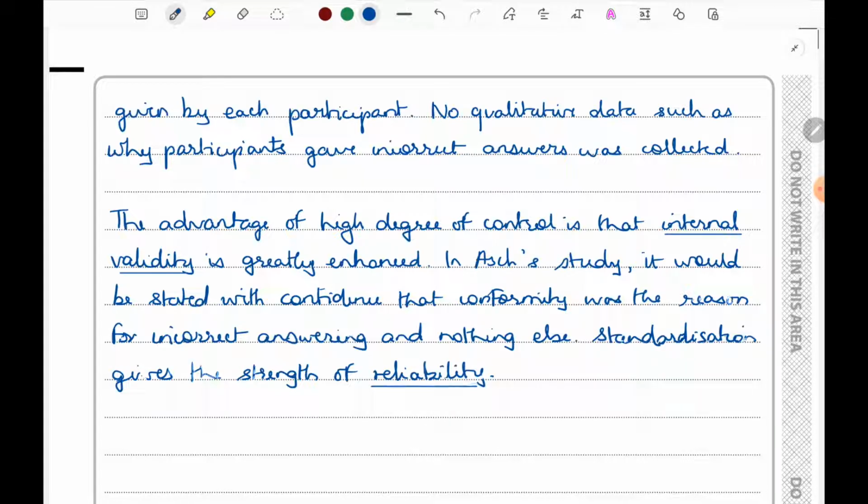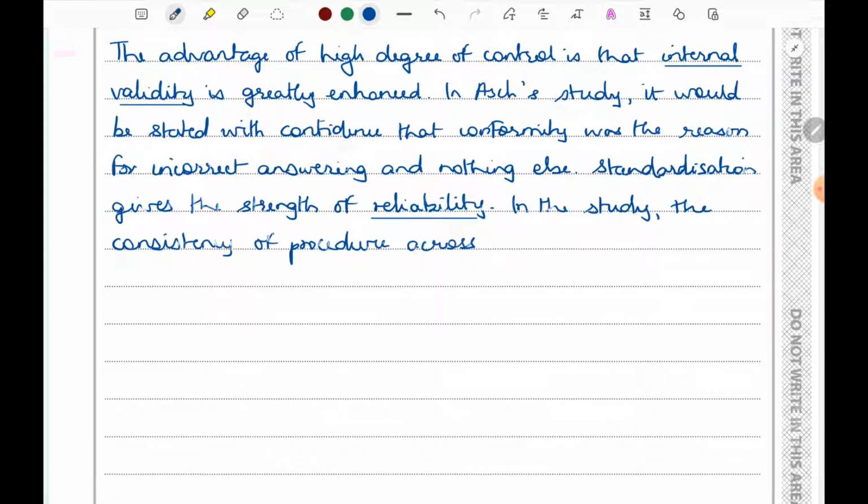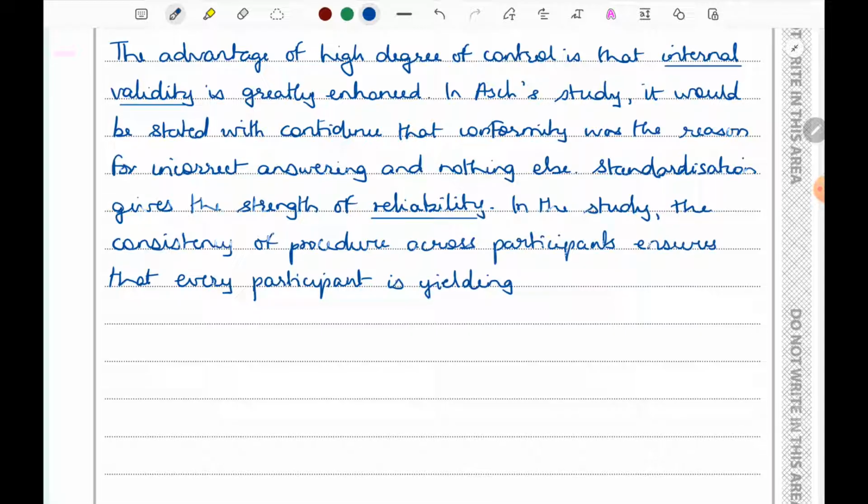In the study, the consistency of procedure across participants ensures that every participant is yielding to conformity in exactly the same circumstances.